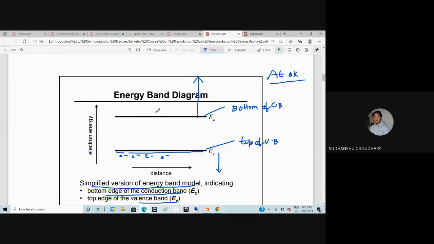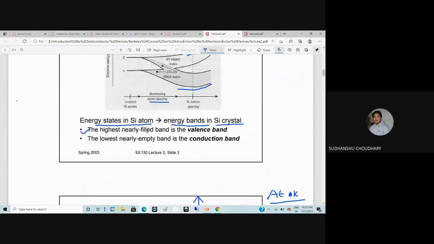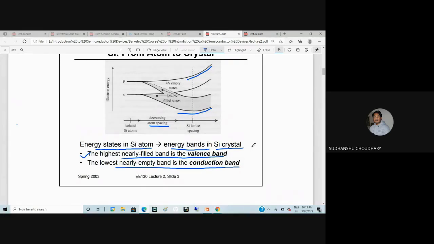Similarly, conduction doesn't happen through the conduction band, because there are no electrons or holes in the conduction band. So the highest nearly filled band is called the valence band, and the lowest nearly empty band is called the conduction band, at 0K in an intrinsic semiconductor.